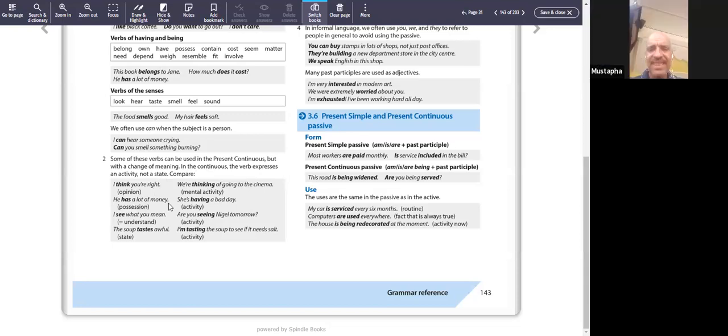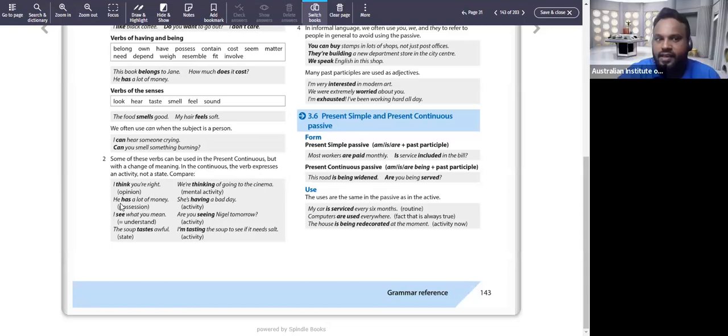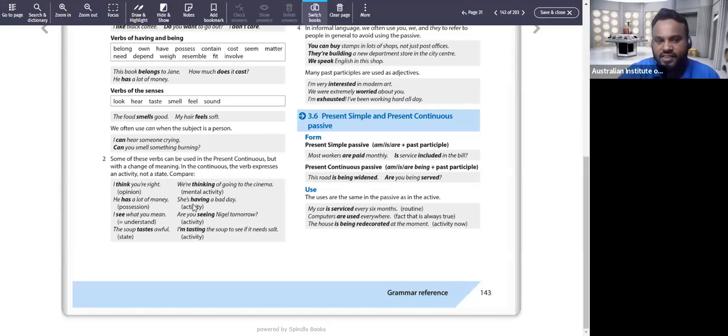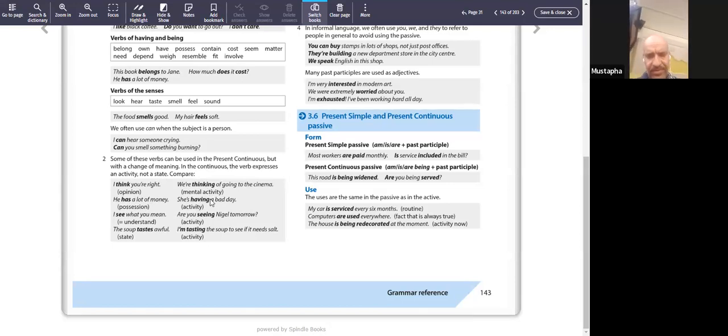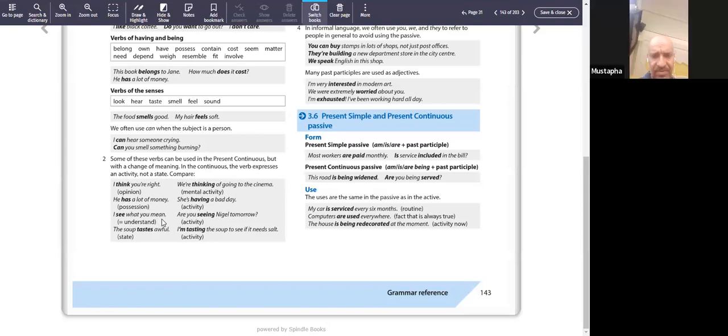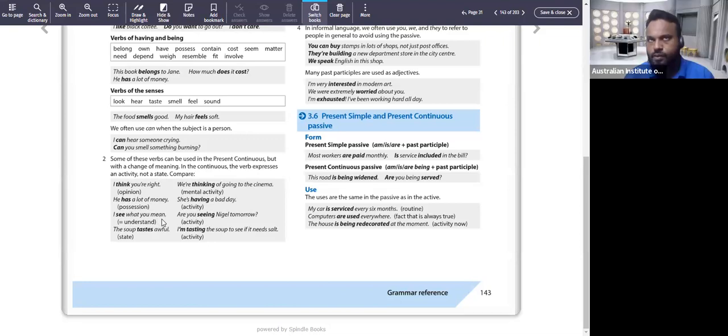He has a lot of money. It's about possession. Again, this is working as a state verb, but here, she's having a bad day. In this scenario, the meaning has changed to activity. That's why it has the ing form. Next one, I see what you mean. Here, see is used to mean understand, and it is a state verb.